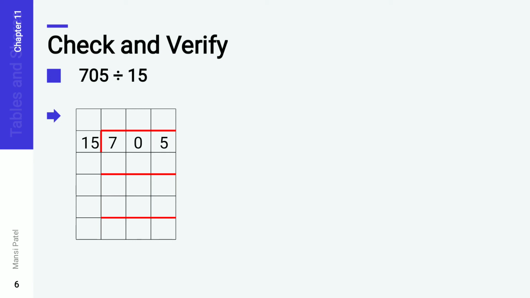So you have to take the 2 digits. So it becomes 70. Now in the table of 15, you are not getting the number 70 but you are getting less than 70. Where is it? 15 fours are 60. 0 minus 0, 0 and 7 minus 6, that is 1.